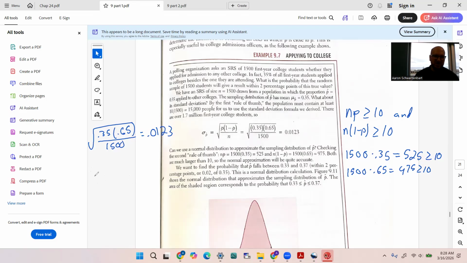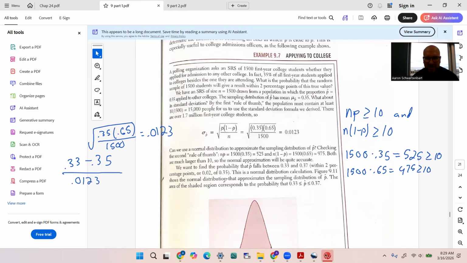So this is normally distributed. It asks me what's the probability of being within 2 percentage points. So I can use my normal distribution. 2 percentage points less is 0.33, right? And that gives me a z.